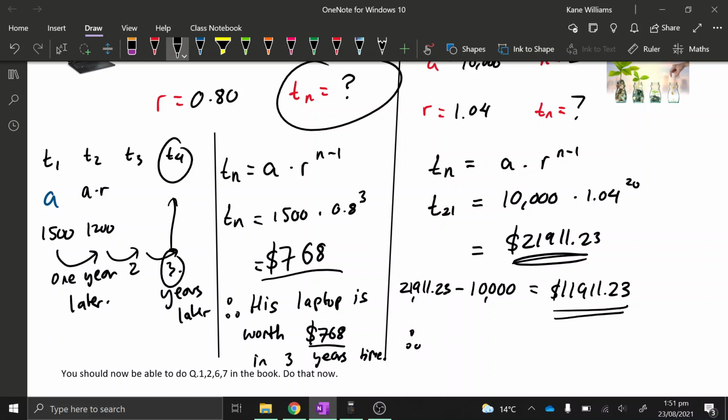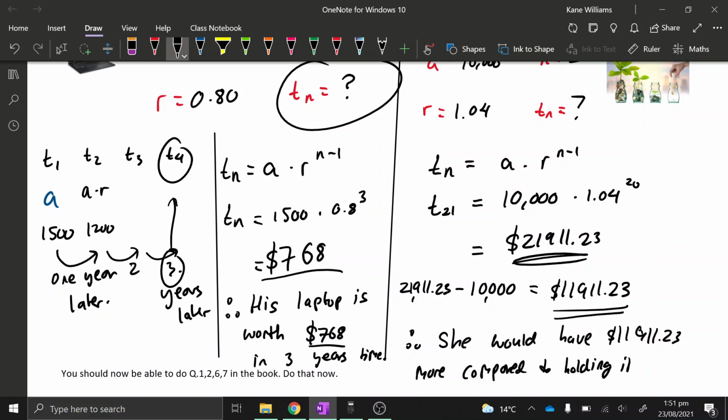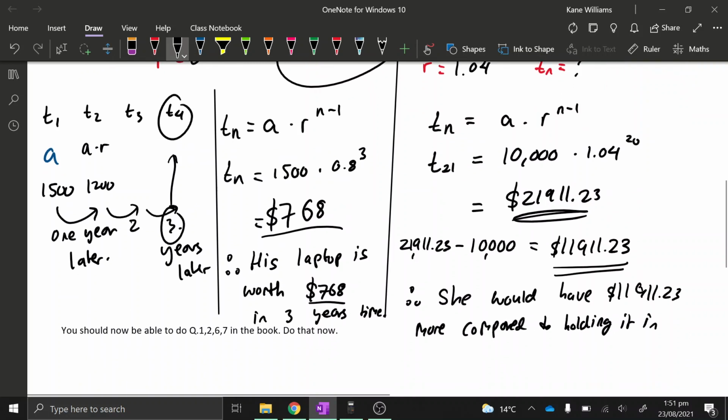Therefore, she would have that amount of money more compared to holding it in cash.